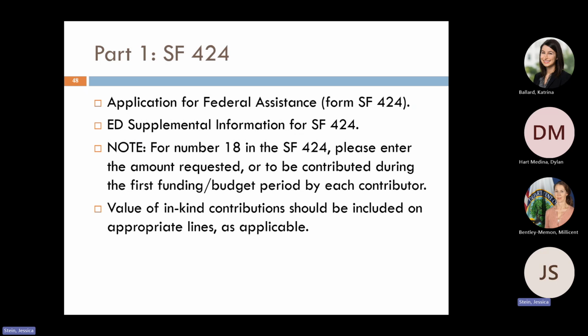Please provide all requested applicant information, including your name, address, email address, unique entity identifier, that is the UEI, and a taxpayer identification number, that is the TIN. When applying electronically via grants.gov, you will need to ensure that the UEI number you enter on your application is the same as the UEI number your organization used when it registered with sam.gov.